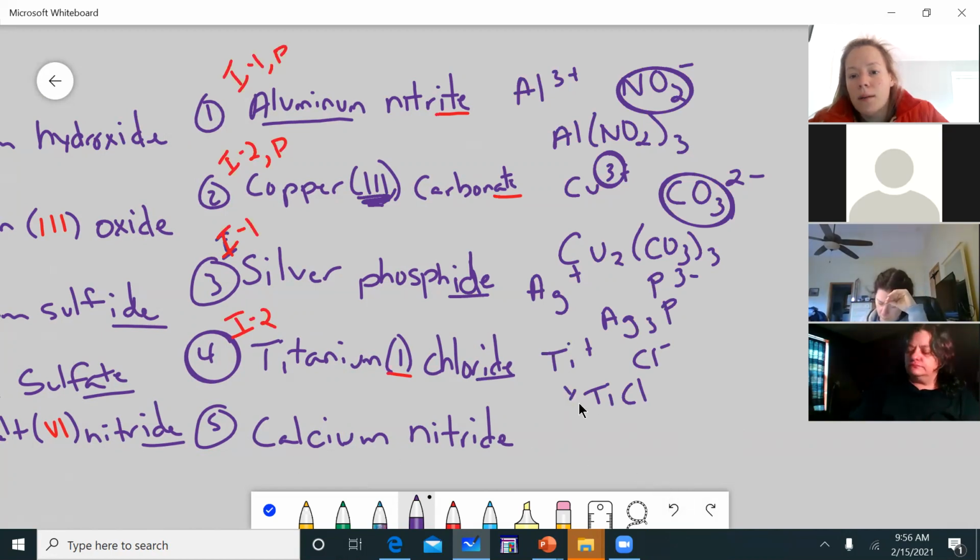Important thing to note here. Remember when we talked about diatomic molecules and have no fear of ice cold beer? So chlorine, nitrogen, oxygen, those guys like to be in 2s when they're by themselves. Sometimes people will say, oh, but doesn't this need to have a 2 here because chlorine likes to be coupled with itself? That is only the case when chlorine is alone, okay?